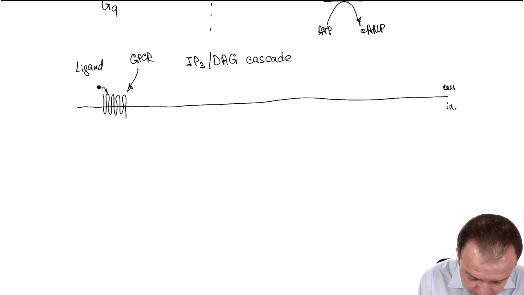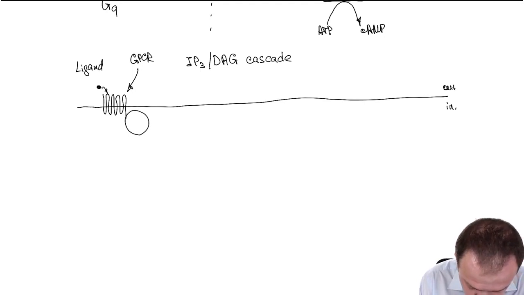Inside the cell, this receptor is coupled with the so-called G protein, and this G protein has three domains: alpha, gamma, and beta.